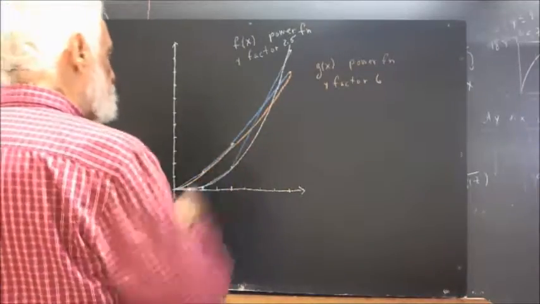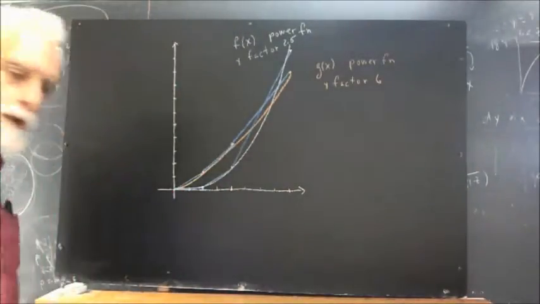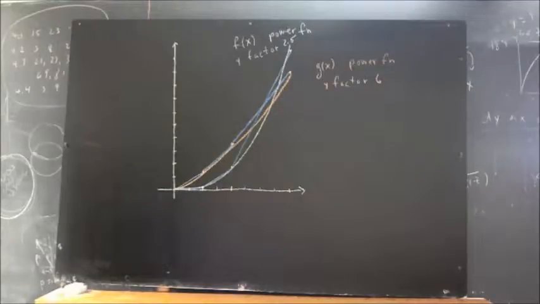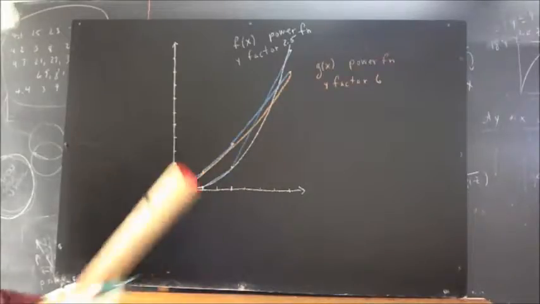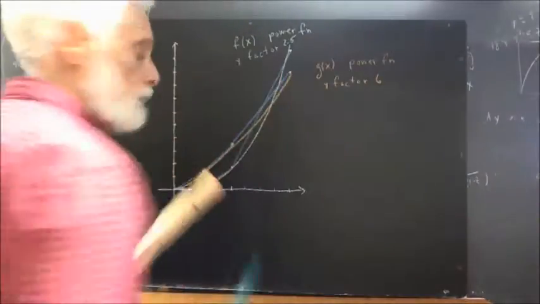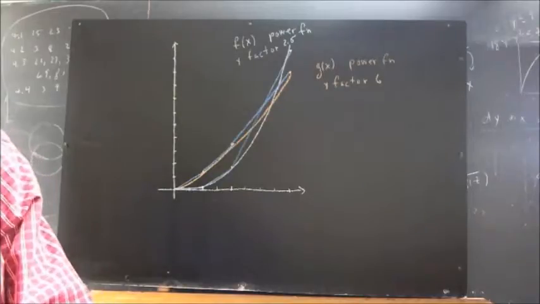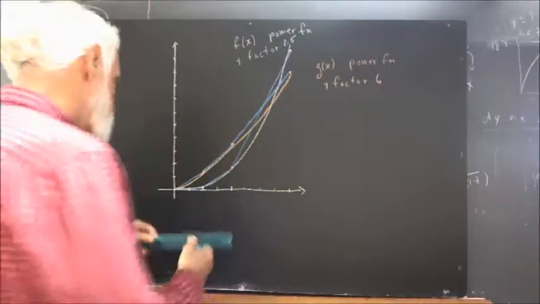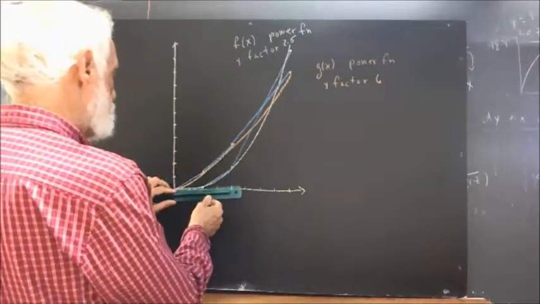for each of these segments, I'm going to attempt to locate the point at which the slope of this segment, for example, matches the slope of a tangent line to the curving graph. Let's see if this ruler reaches. Not quite. Well, okay, I'm going to use this. It happens to have a scale too, but we're going to ignore it.